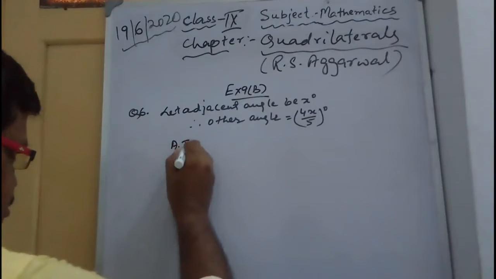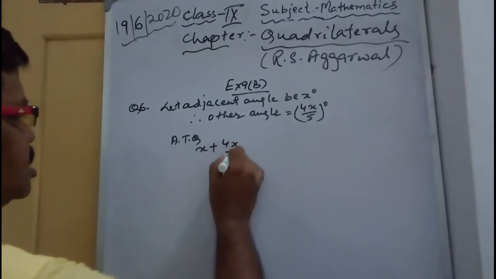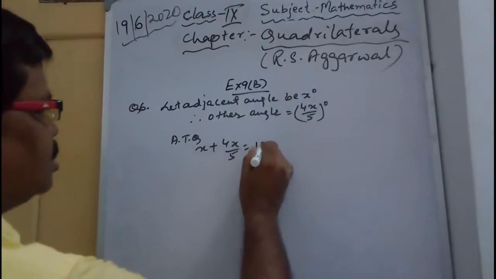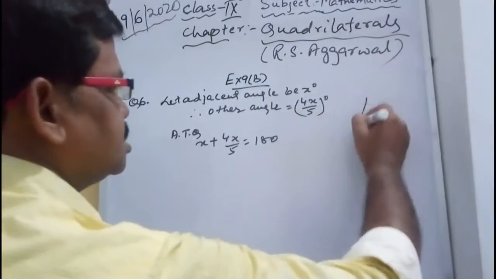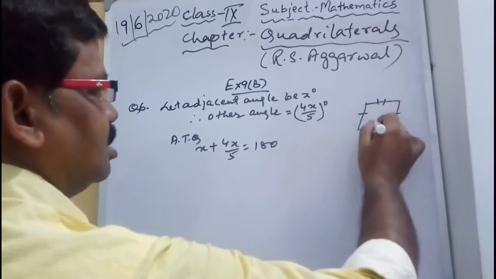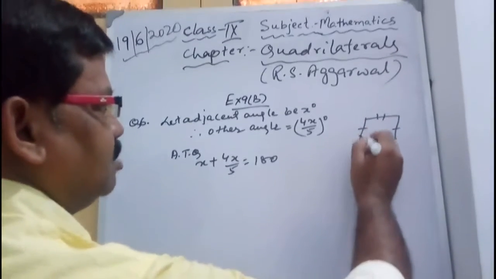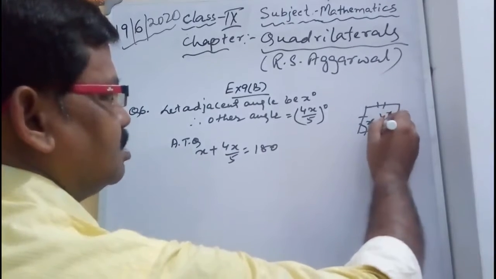ATQ, x plus 4x by 5 equal to 180, sum of co-interior angles. In this parallelogram, if this one is x, this one is 4x by 5.